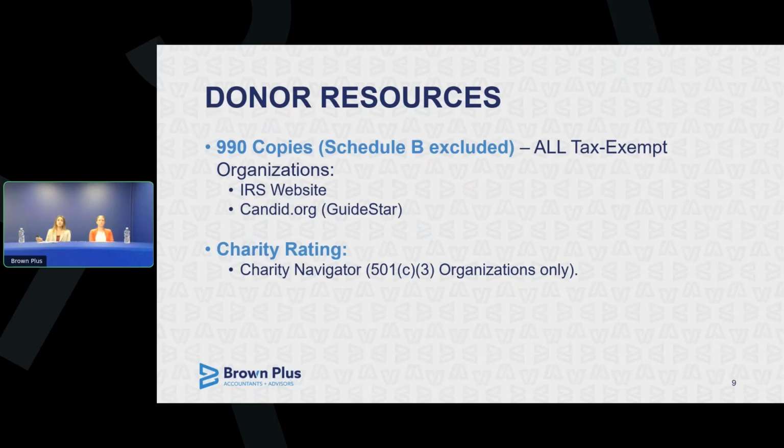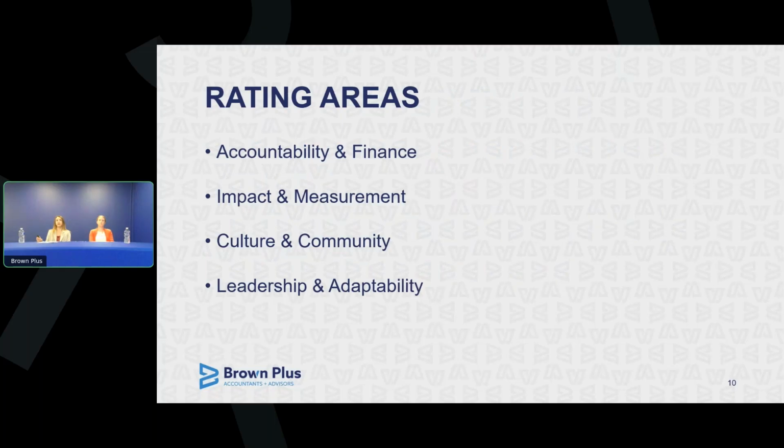Another resource that donors may be using are the various websites that will rate charities. A common one is Charity Navigator, and they will only look at 501c3 organizations, but I'm going to spend some of the time today talking about the different areas that Charity Navigator specifically will look at, though all of them have some variation of these items that they're reviewing.